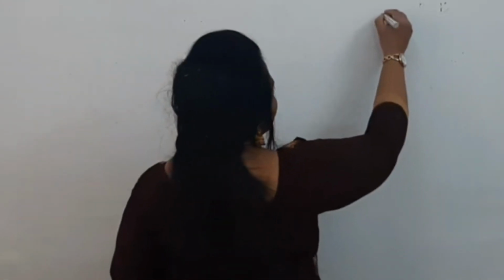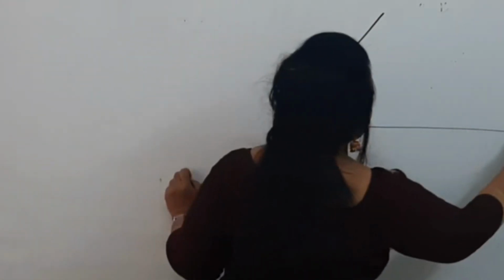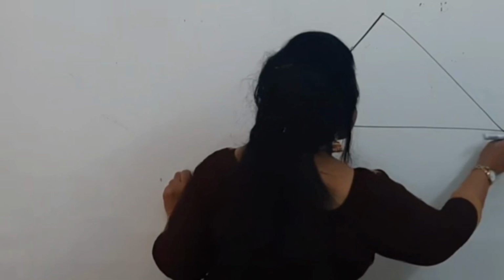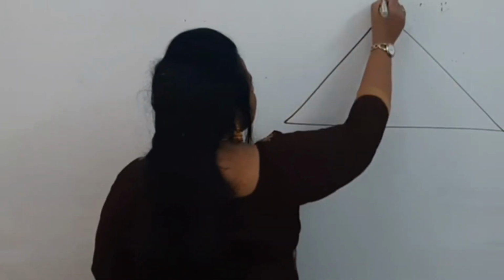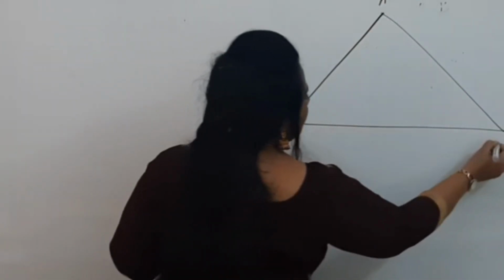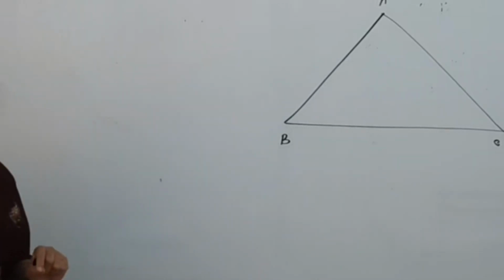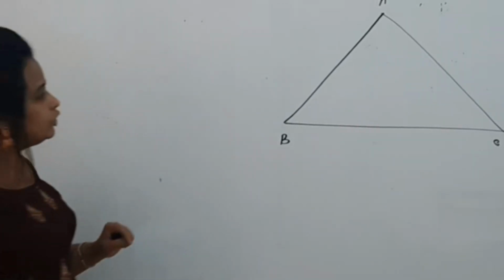Now, we'll move on to the fourth question. DE parallel to AC and DF parallel to AE. So, my triangle ABC is given like this. And it is said DE is parallel to AC.